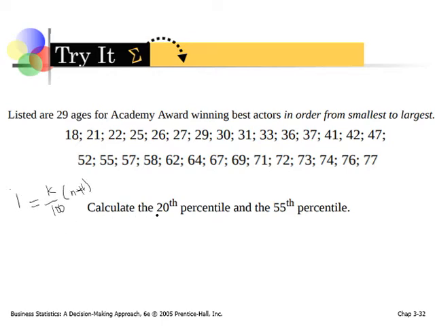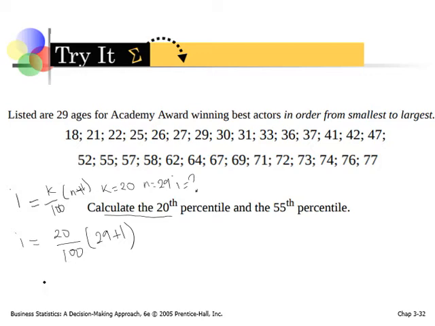So, we will find the 20th percentile. Here, our K is 20, our n is 29, and what we are looking for is I. So, 20 divided by 100 times 29 plus 1.